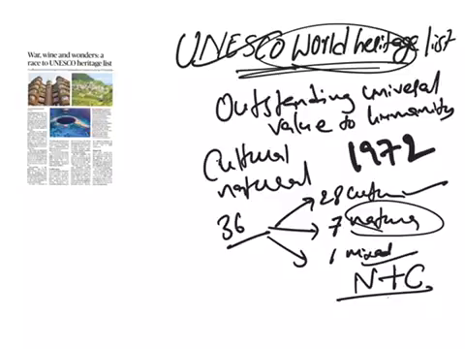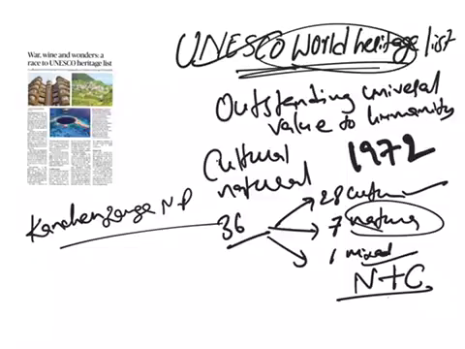In India, the only mixed World Heritage Site is in Sikkim, that is the Kanchenjunga National Park, which has both natural and cultural heritage value.